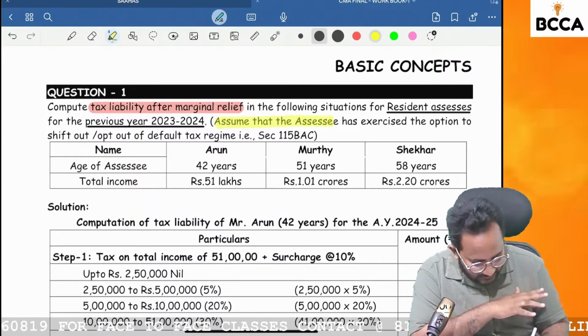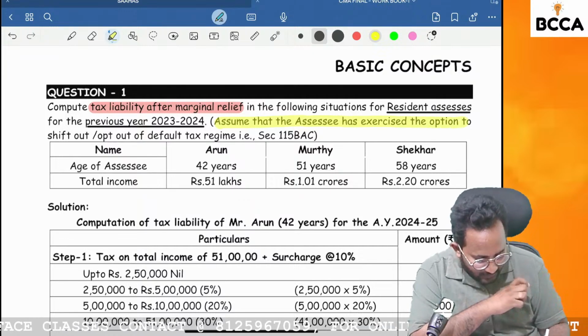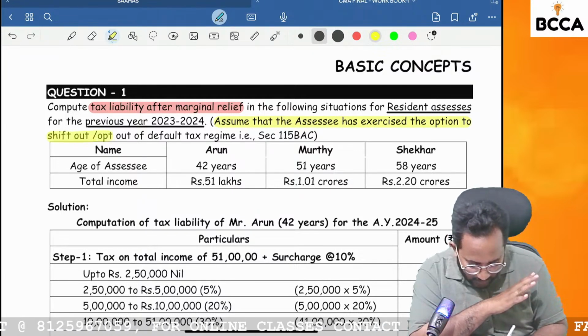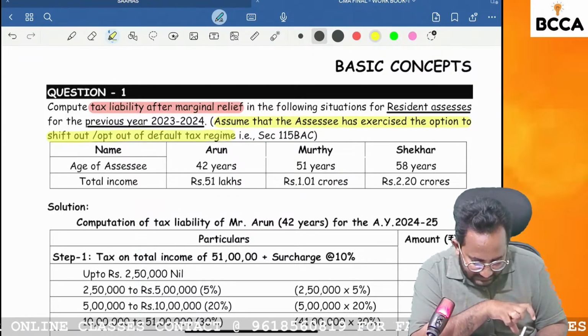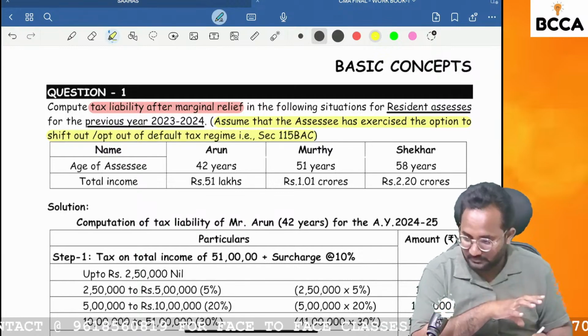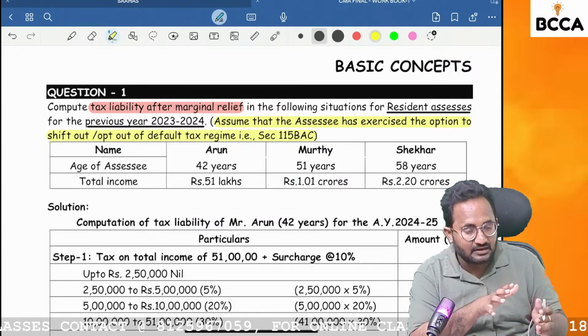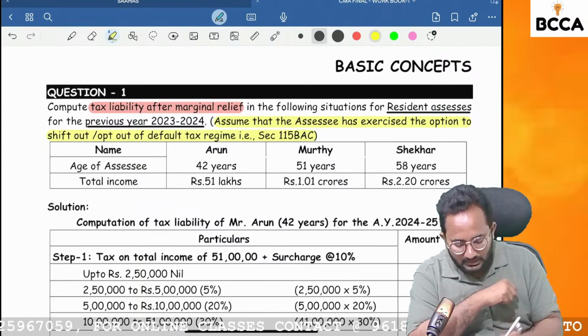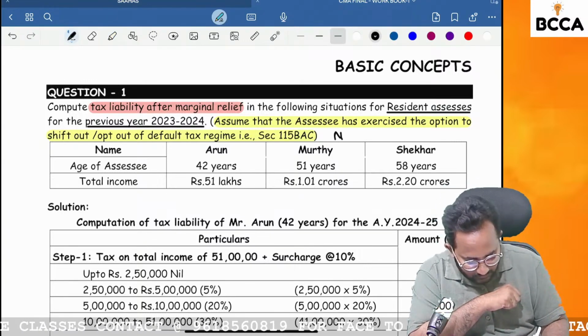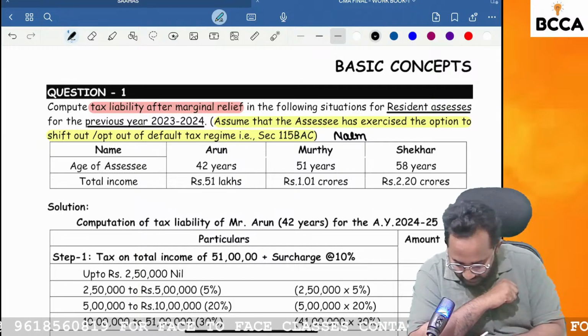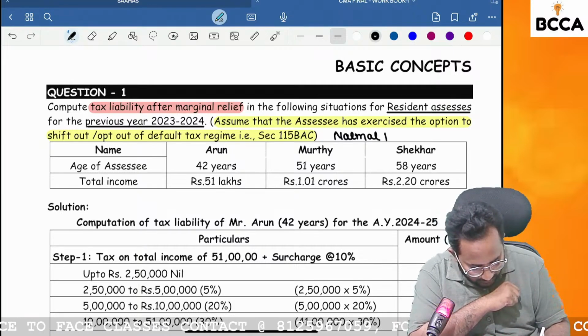Assume that the SSE has exercised the option to shift out or opt out of the default tax regime under section 115BAC. That means the SSE has opted to shift out of the default tax regime. So what tax rate is followed by the SSE here? Normal tax rates only.